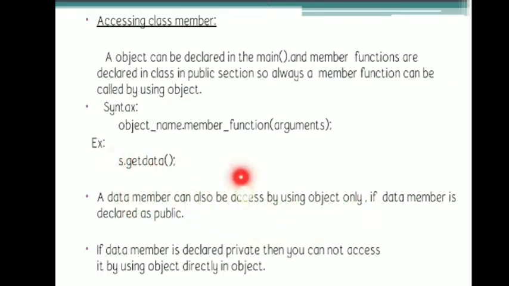If you want to access a member, it should be declared as public. Only public members can be accessed through the object, so private members cannot be accessed. How can the private members be accessed? We can use the private members within our member function, and we can call the member function through the object.